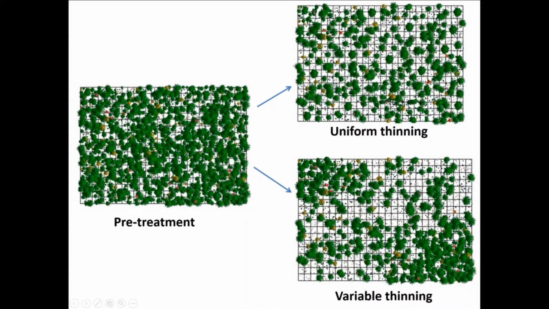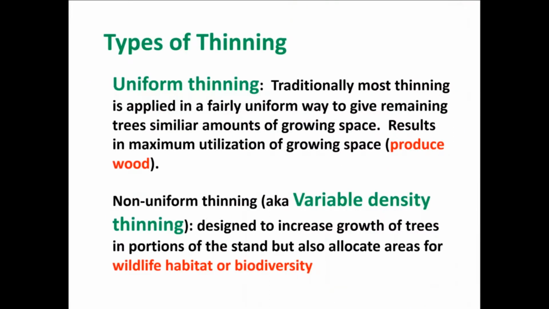But thinning can be implemented in many ways. You can do it in a fairly uniform sense. In this case, it's uniform thinning in a natural stand or an older stand, not a uniform plantation.